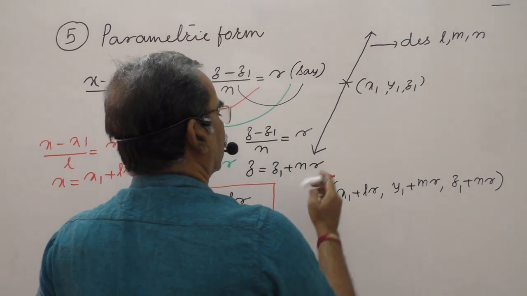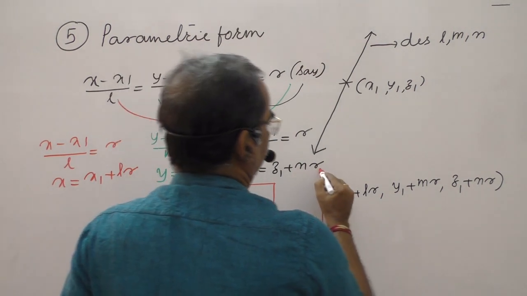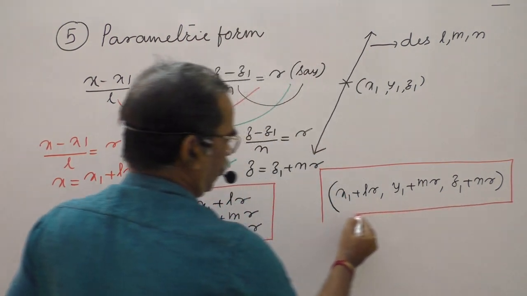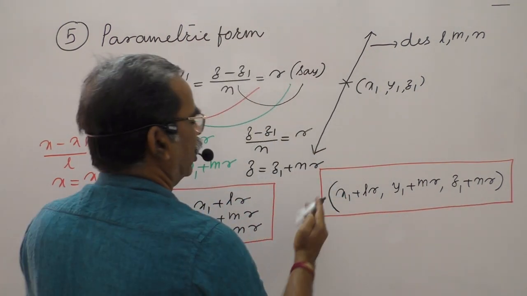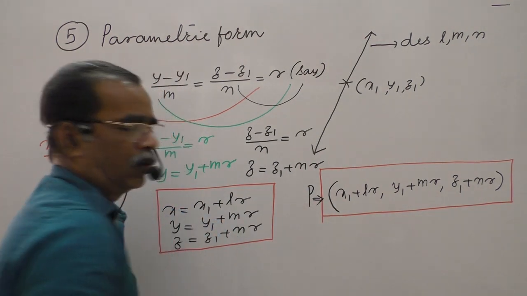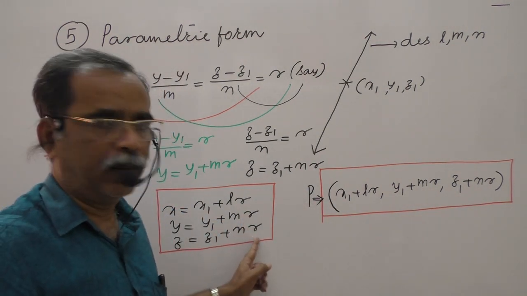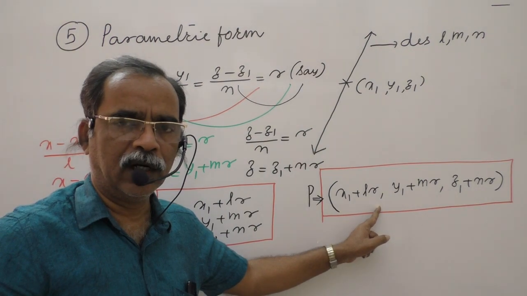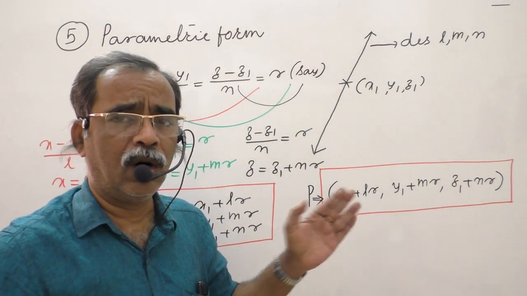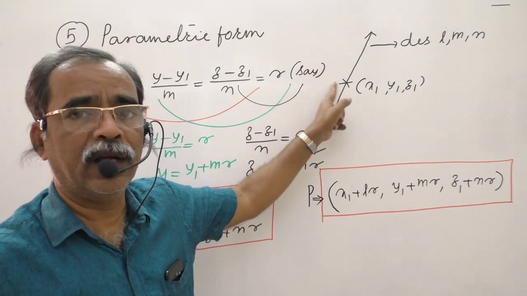If you form a point with these three quantities, say I shall denote this point by capital P. If I take these parametric equations in point form, then this will represent all the points on this line.